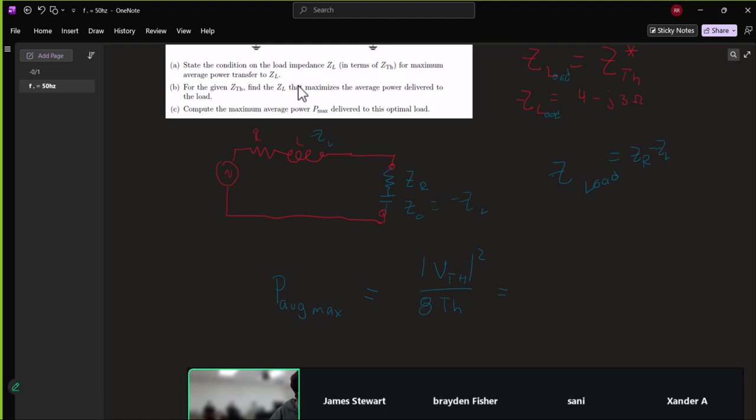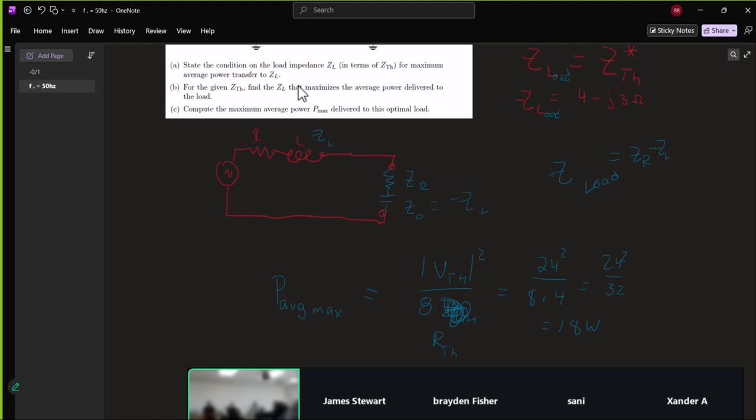In this particular example, the magnitude of V Thevenin was 24, so that's 24 squared over, I'm sorry, this is R Thevenin, because we got rid of the imaginary part. So 8 times the resistance, which was 4. So 24 squared over 32, which is 18 watts.